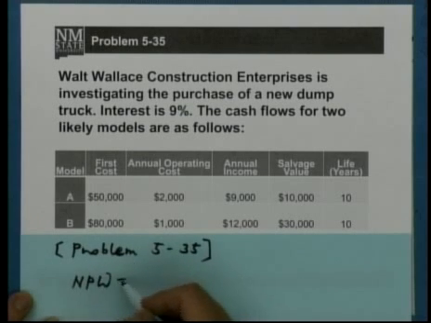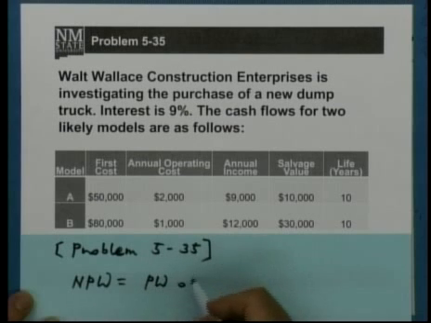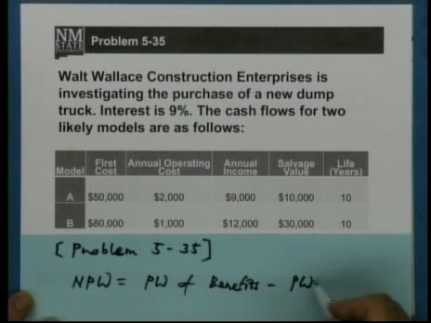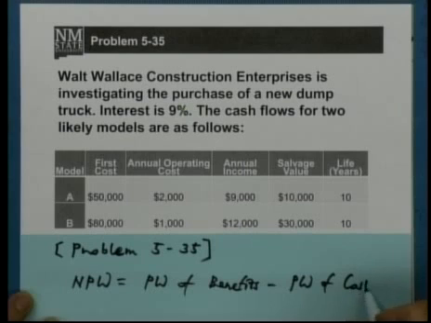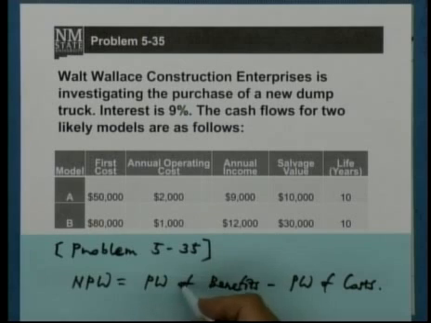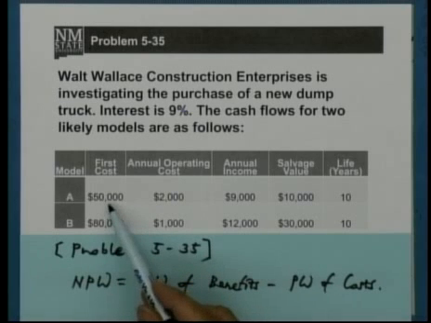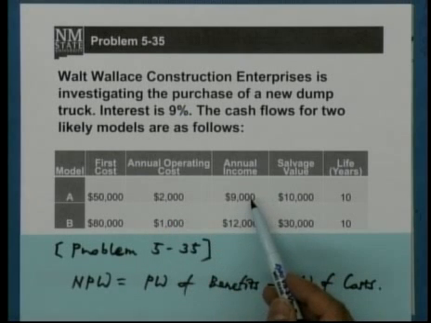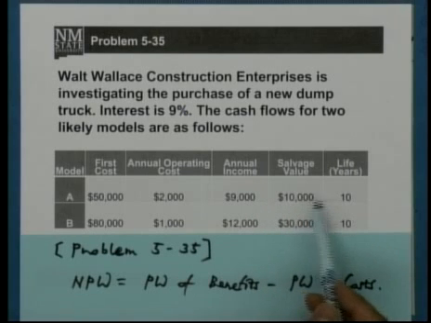So net present worth would be present worth of benefits minus present worth of costs. Okay? So for model A, net present worth would be the negative first cost, minus annual operating cost, plus annual income, plus salvage values after 10 years, right?